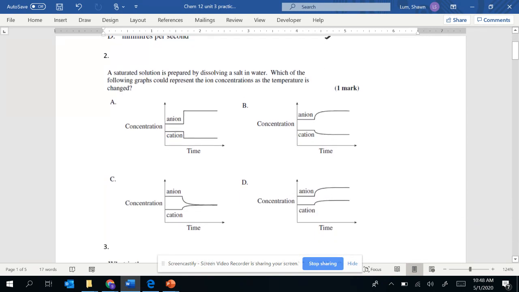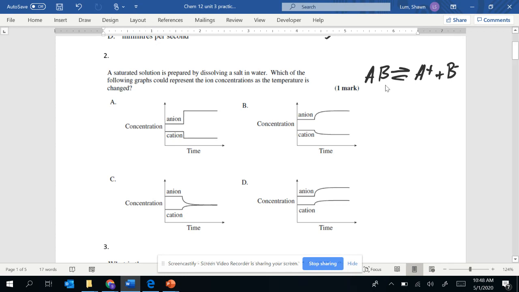Number two, a saturated solution is prepared by dissolving a salt in water. Which of the following could represent the ion concentrations as the temperature is changed? It doesn't tell you if the temperature increases or decreases, but let's just draw any kind of salt in water. So we'll just say AB turns into A plus B minus.